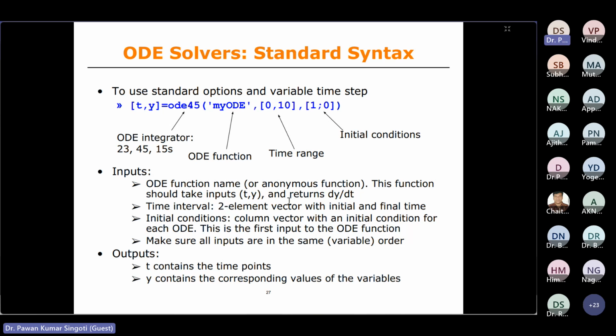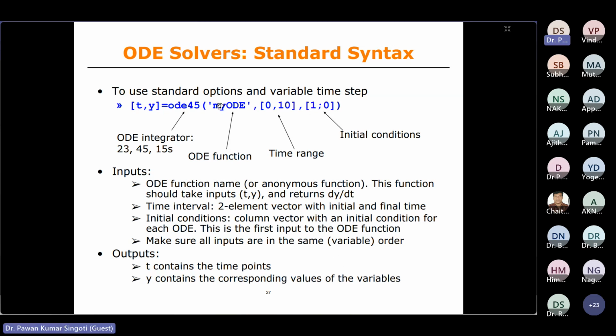The time interval is a two-element vector with the initial and final time. The initial conditions are a column vector with an initial condition for each ODE. This is the first input to the ODE function. Make sure all inputs are in the same variable order. The output you get is the time points: t contains the time points and y contains the corresponding values of the variables.